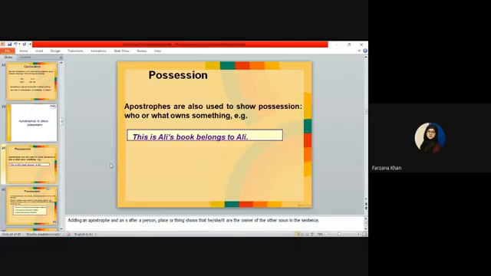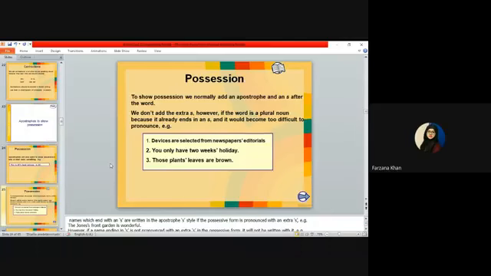Let me explain another rule related to possession. Basically, when we need to show possession with nouns which end with s or which are plural, then we don't need to add another s after the apostrophe. Let me explain with examples.